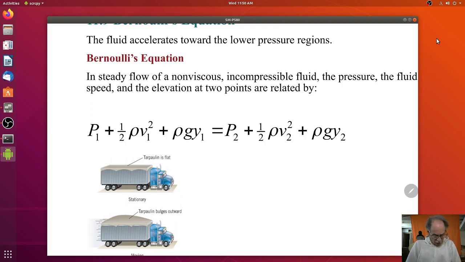The 1/2 rho v1 squared and the 1/2 rho v2 squared, I think, look kind of familiar to you. They come from the change in kinetic energy of the fluid. This is the conservation of energy, by the way, or the work-energy theorem, I guess, for a fluid, since pressure is doing work. And rho g y1 and rho g y2 come from the potential energy of the fluid.